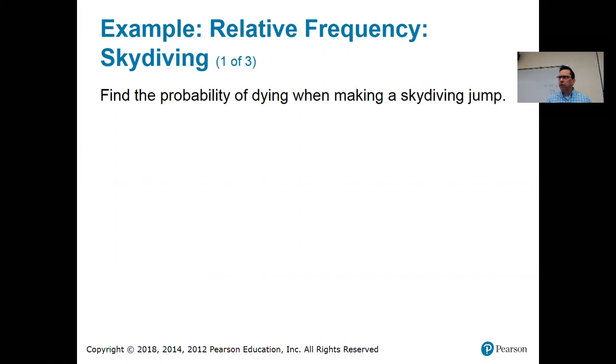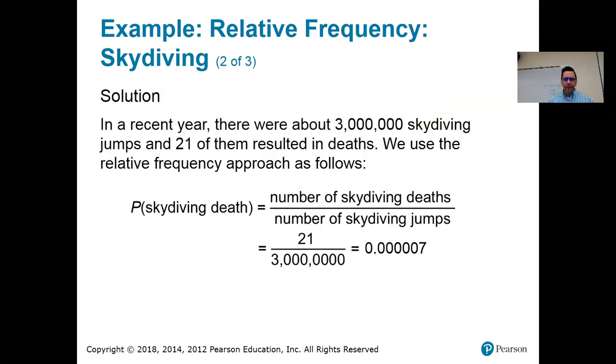All right, well, we'll talk about this example real quick and then end this part of the video. So this is a very open-ended question, and they really didn't give me a whole lot of data to figure it out. But then they go on to say, in a recent year, there were about 3,000,000 skydiving jumps, and only 21 of them resulted in deaths.